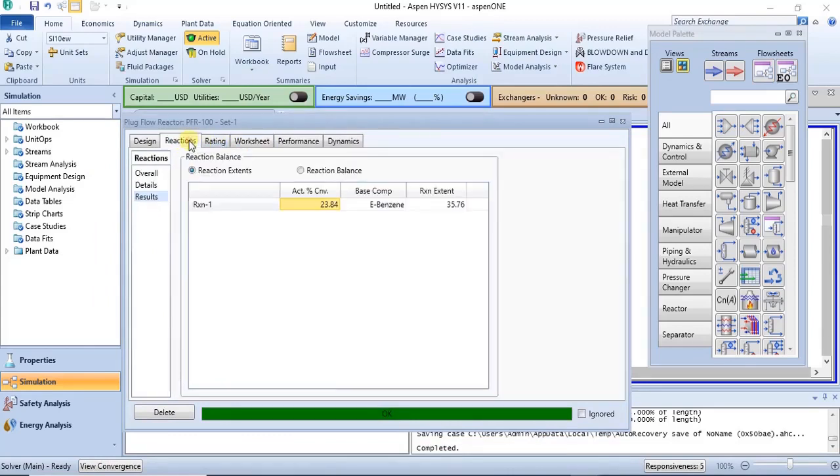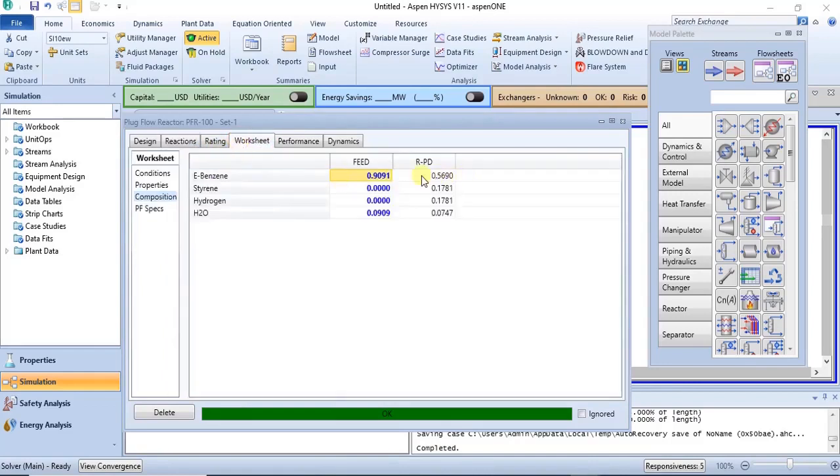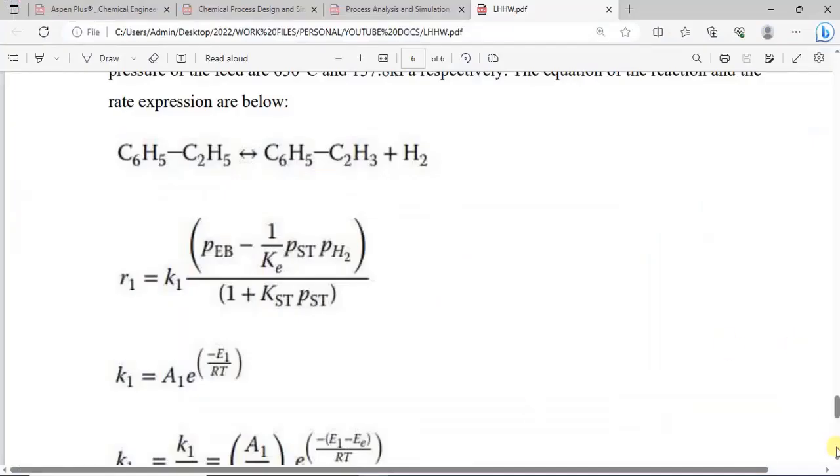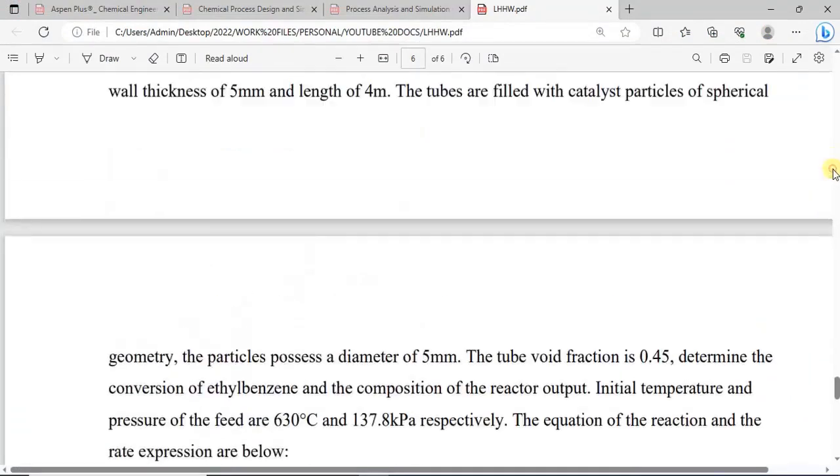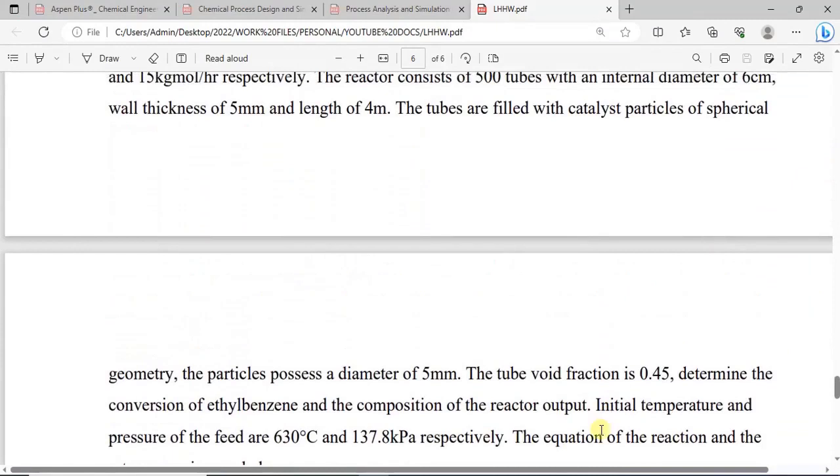So that is the conversion, and then this is the composition of the reactor product, because I believe that was what was asked for in the question. Let me see. Yes, what does it say? Determine the conversion of ethyl benzene and the composition of the reactor output, right?